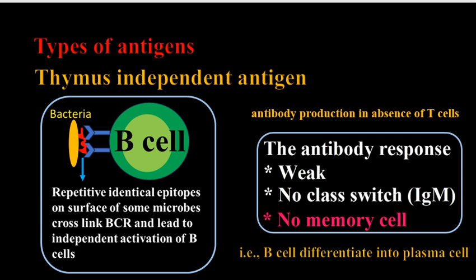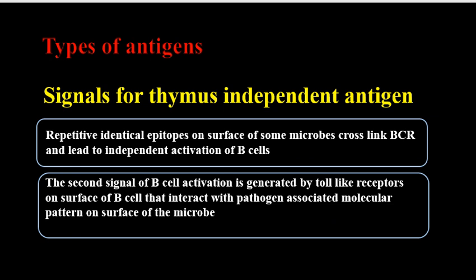So repetitive identical epitopes on the surface of a microbe cross-link the BCR and lead to independent activation, and this is the first signal. The second signal of B cell activation is generated by toll-like receptors on the surface of the B cell that interact with pathogen-associated molecular patterns on the surface of the microbe.